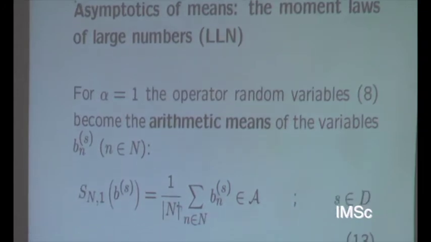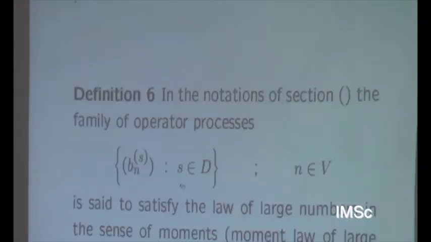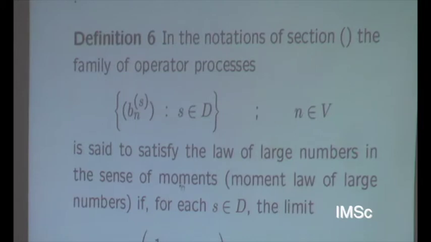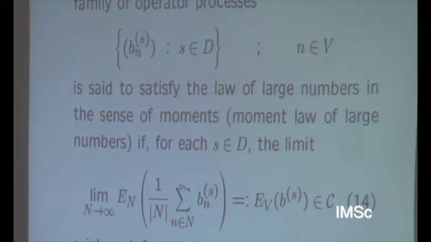Let us do some example. The law of large numbers, as I said, in the law of large numbers, the normalization is 1. So, this is not section, sorry, I have a misprint here.